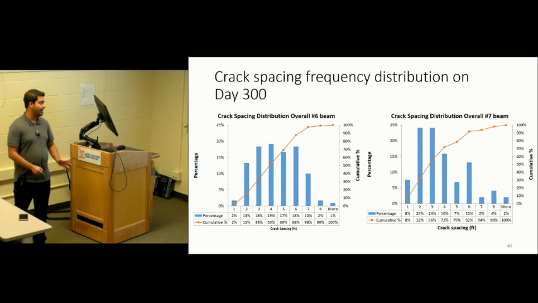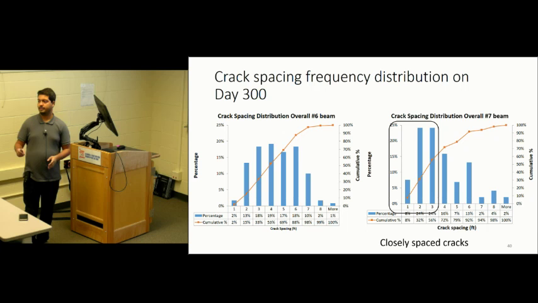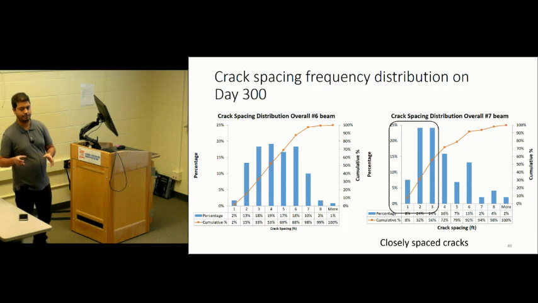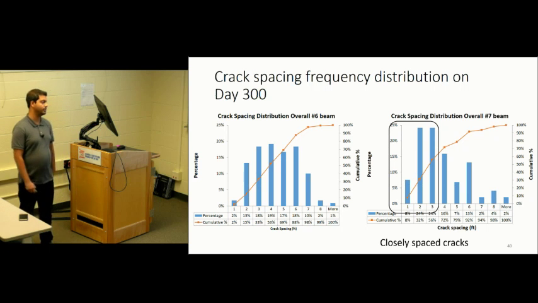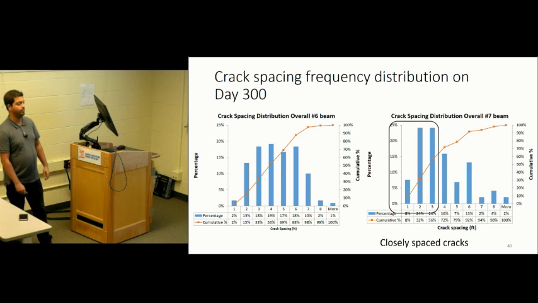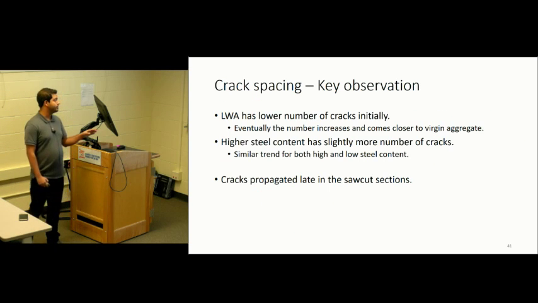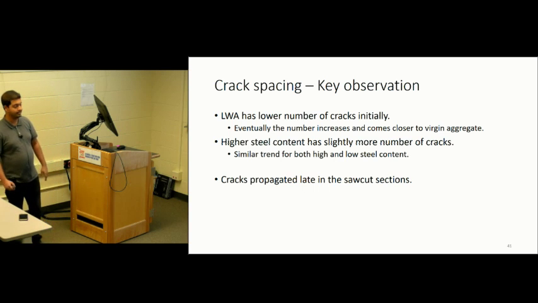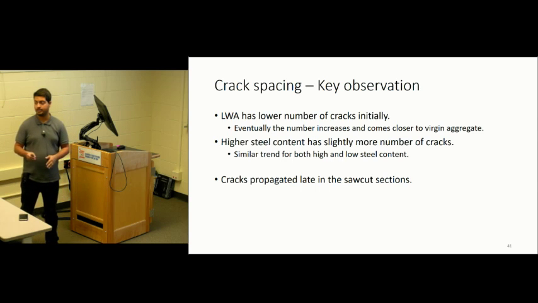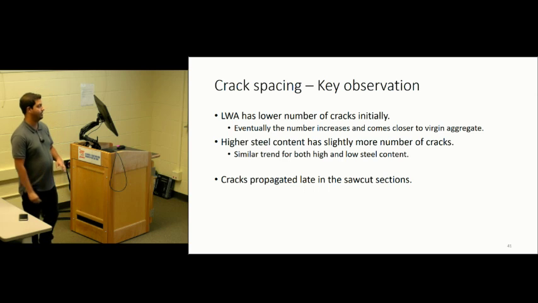Now, if we see the crack spacing distribution, what we observe is that the number 7 bar, which restrains the concrete more, has closely spaced cracks versus the number 6 bar, the lower reinforced bar, as expected. So the key observations that we have made till now with respect to crack spacing in these beams are that lightweight has fewer cracks initially, but they catch up with the virgin aggregate.